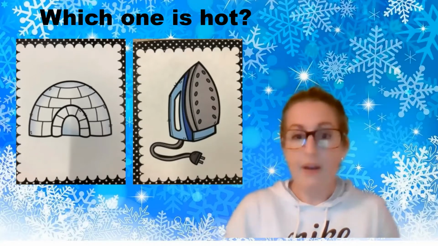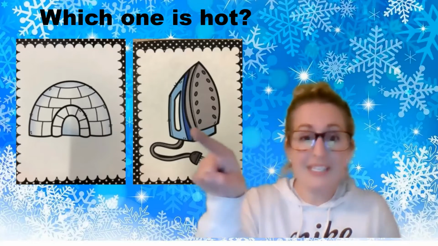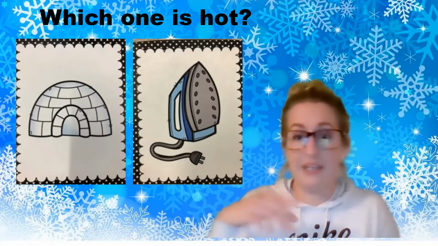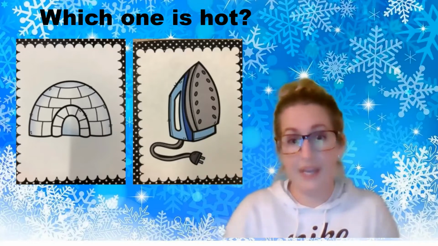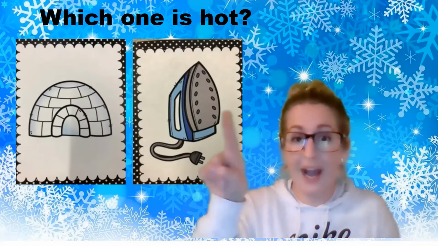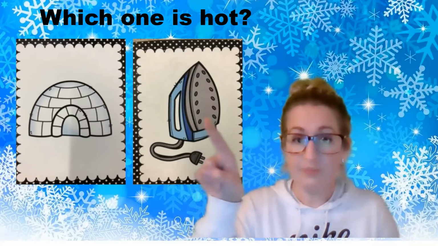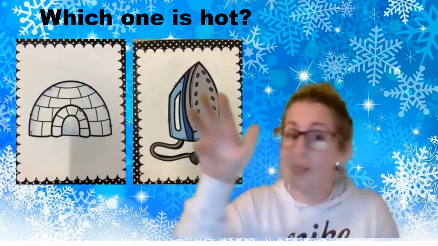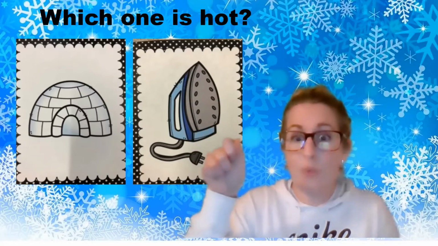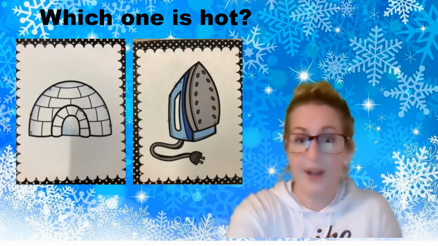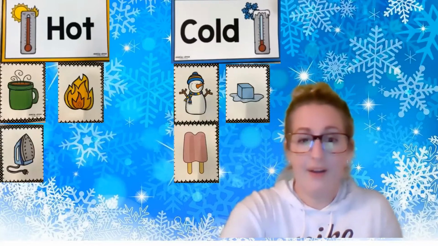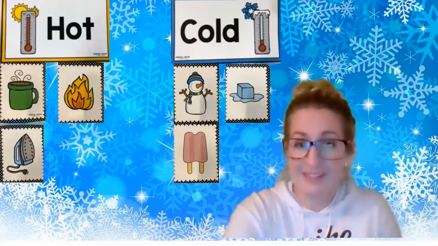It's the iron. You're right. The iron is hot and we should not touch the iron. Can you guys point to the hot iron? Nice work. So now we need to take our iron picture and put it under the word hot. 1, 2, 3. Nice job, friends.